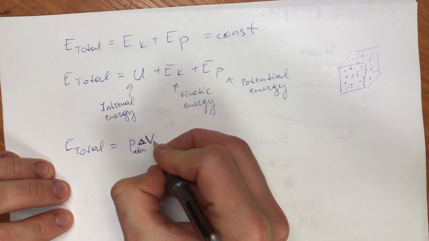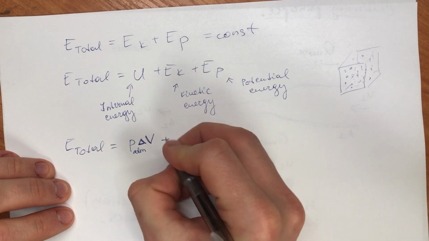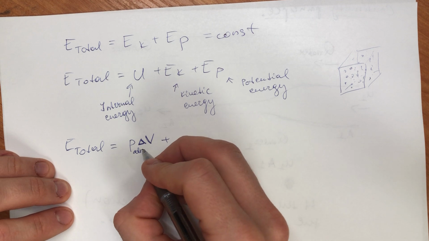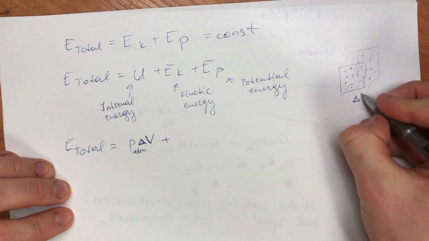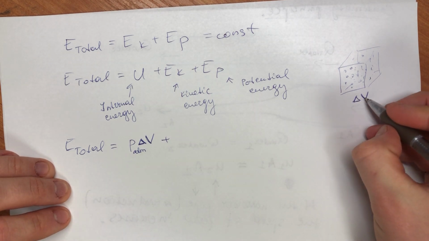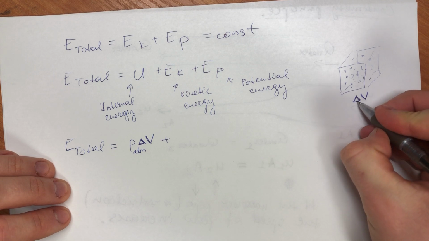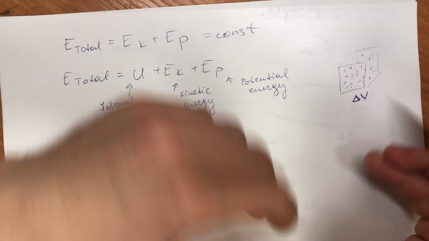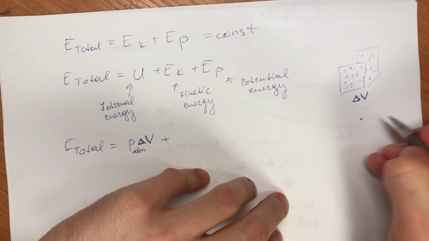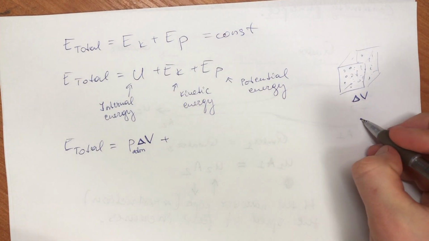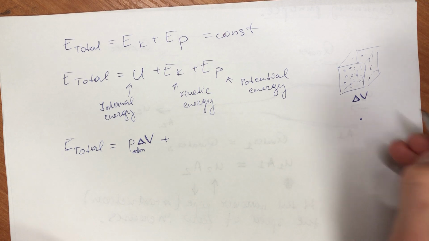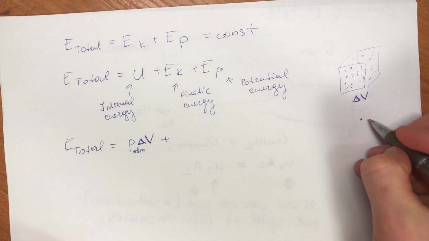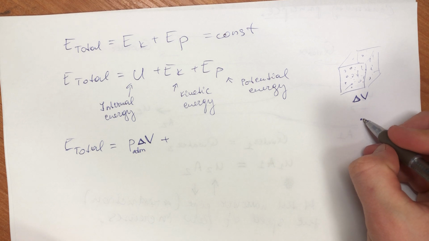atmospheric pressure times delta volume, because the philosophy behind this is, in order to create this box with these gases, this change in volume, let's say from nothing, from scratch, just some kind of dot in space, you need to create some kind of device or appliance.